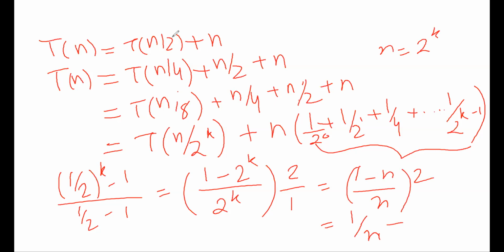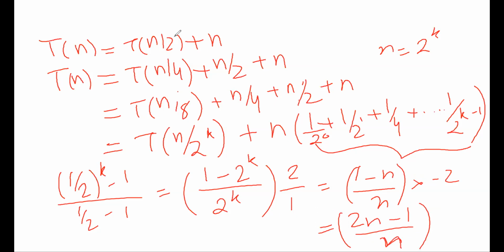Minus 2 by n. I missed the minus sign. Okay, minus 1 by 2. So it's n minus 1 by n, minus into minus 2. So it is basically 2n minus 1 by n, which again looks weird to me, but I arrived at the same thing. I'll just check it again.